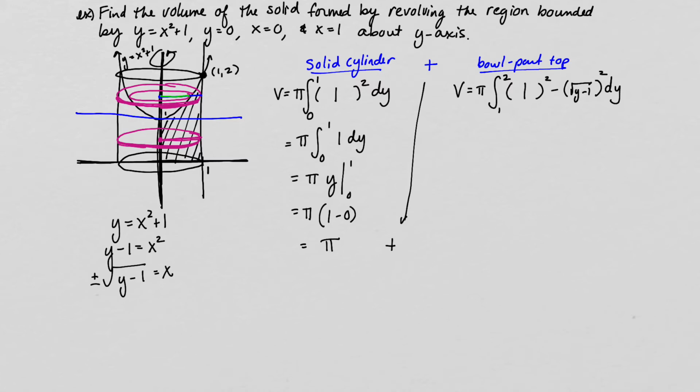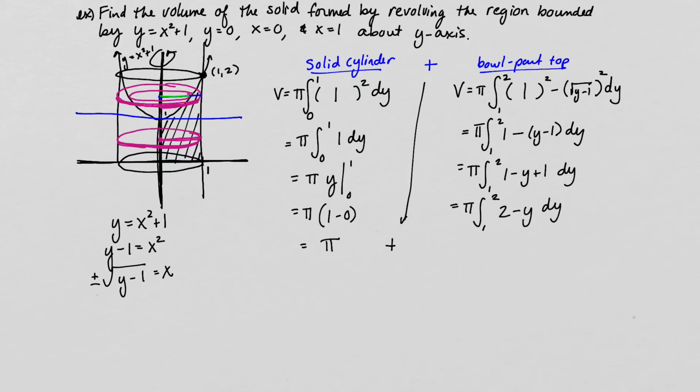Okay, if you have a question, please definitely ask it. Feel free to throw it into the chat. So this is going to be pi times the integral from 1 to 2 of 1 minus the quantity y minus 1 dy, or pi times the integral from 1 to 2 of 1 minus y plus 1 dy, or pi times the integral from 1 to 2 of 2 minus y dy.